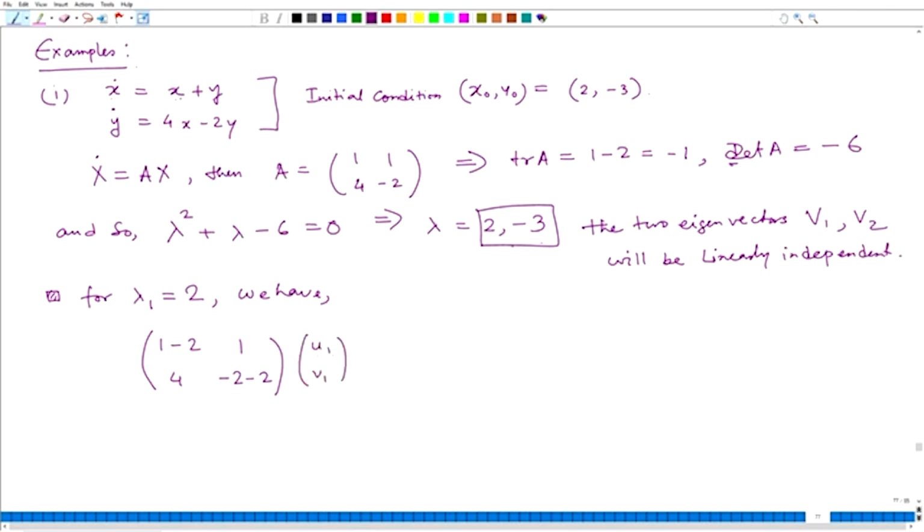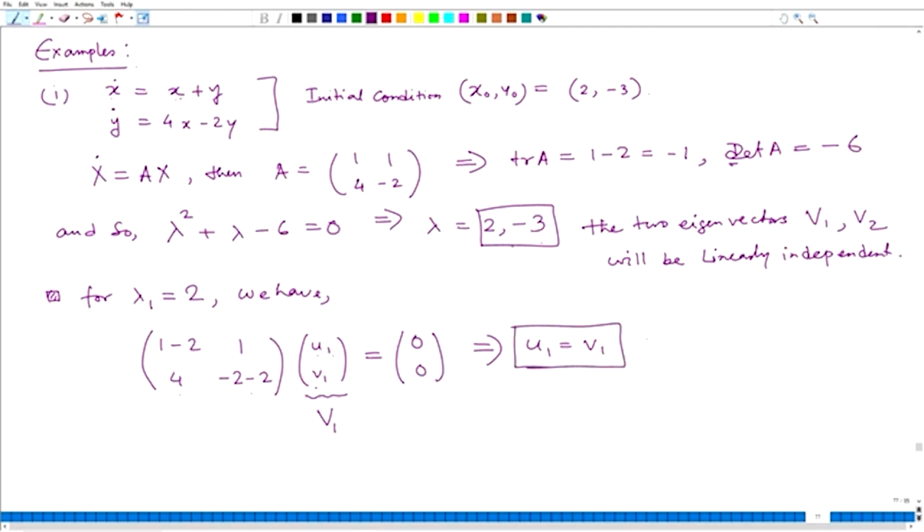This is small u1 and small v1, which is represented by the vector capital V1, and that is equal to 0. Here you will see that this gives minus u plus v, so u1 is equal to v1, and the same from the second equation. So, this is the only one equation.